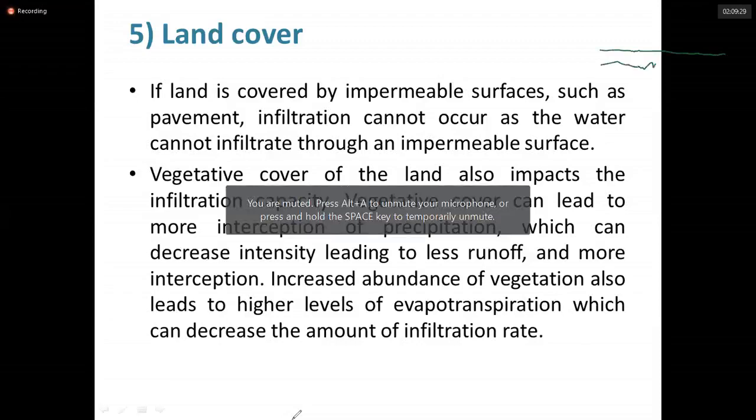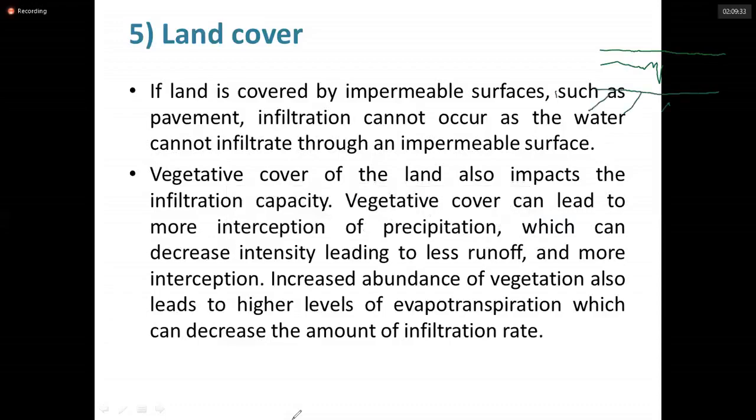means a surface, this is your land portion, land or soil portion. This impermeable portion is above your land. So this portion does not allow water to pass that layer.